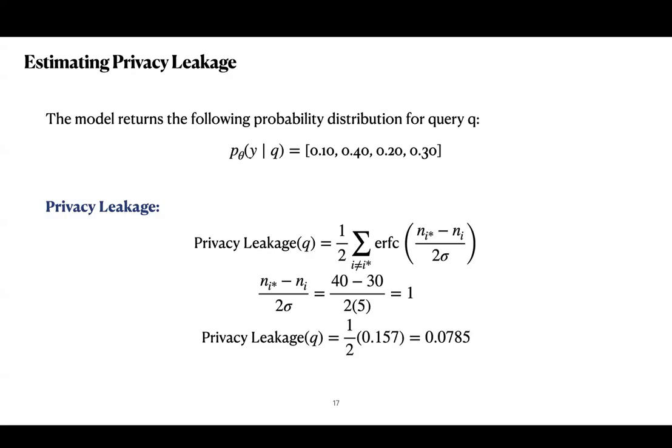Yeah, in this regard, we could also use the error function on the groups. Think about this: if n sub i star minus n sub i is a high distance, meaning that this model ensemble was confident about the i star class, then this prediction was confident, so we don't have this case of the sample landing on the boundary.